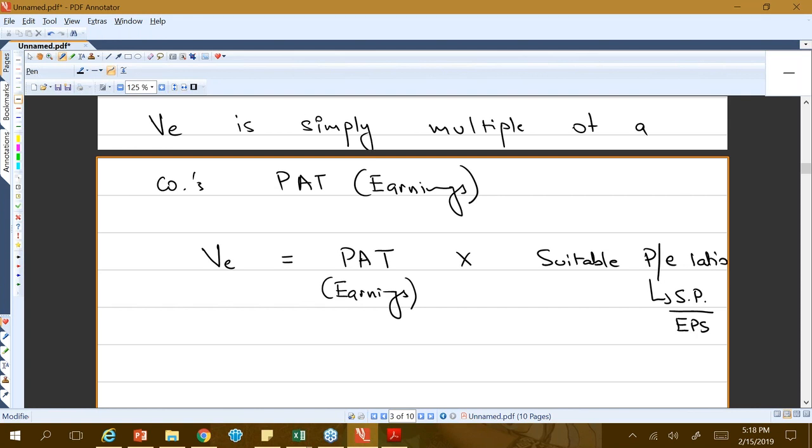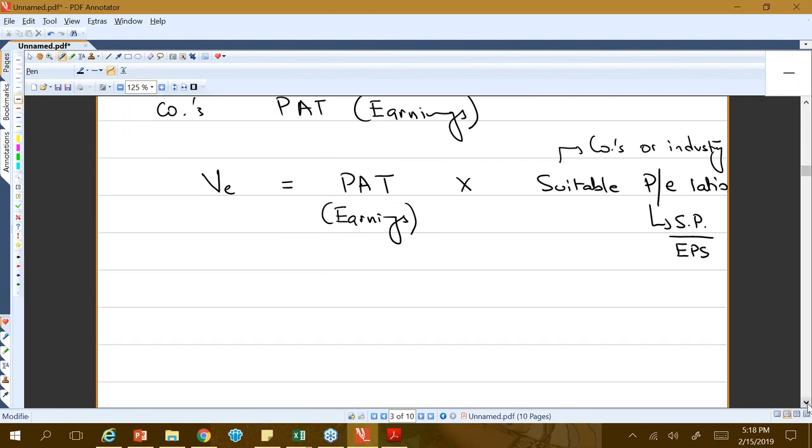Now, this suitable PE ratio is either the company's PE ratio or industry's PE ratio. The examining team will never give you 2. They will always give you 1 PE ratio, which you will have to use here as part of your valuation.